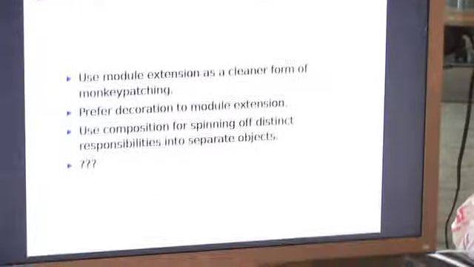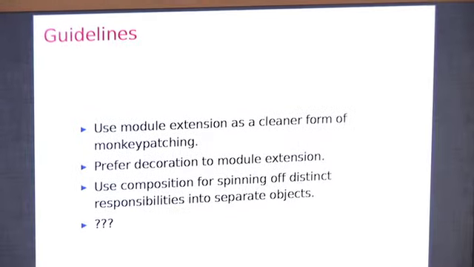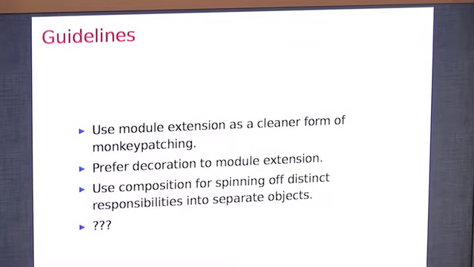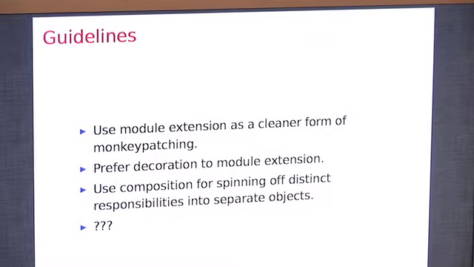If you need to monkey patch something, if there's just no avoiding it, you've got to get something into a class to change it, module extension can be a cleaner, super friendly way to do that. It can be better than just aliasing a method or rewriting the method within the class.